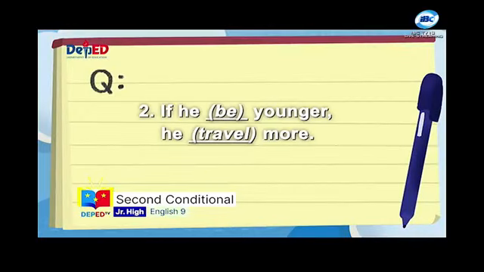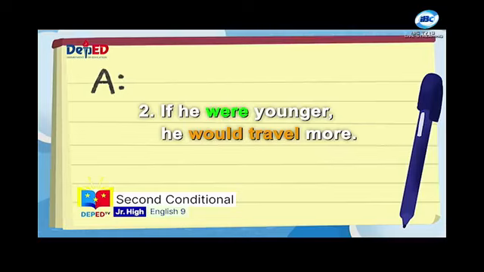If he blank younger, he blank more. I wonder what verb we should use. That's right. Check your answer. It goes like this. If he were younger, he would travel more. Well done. Let's try number 3.